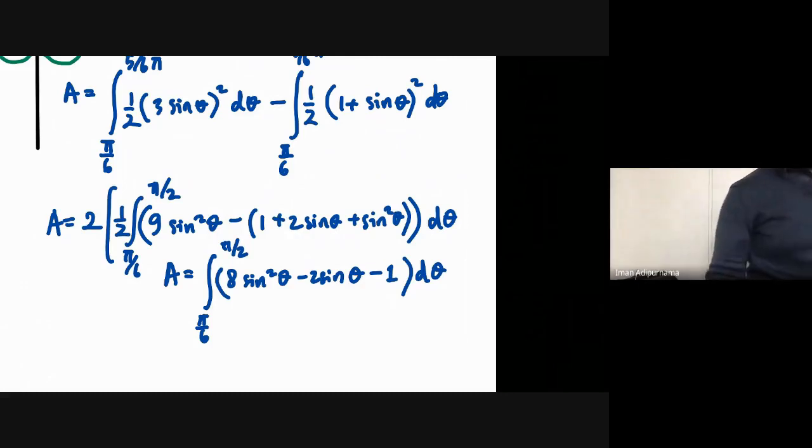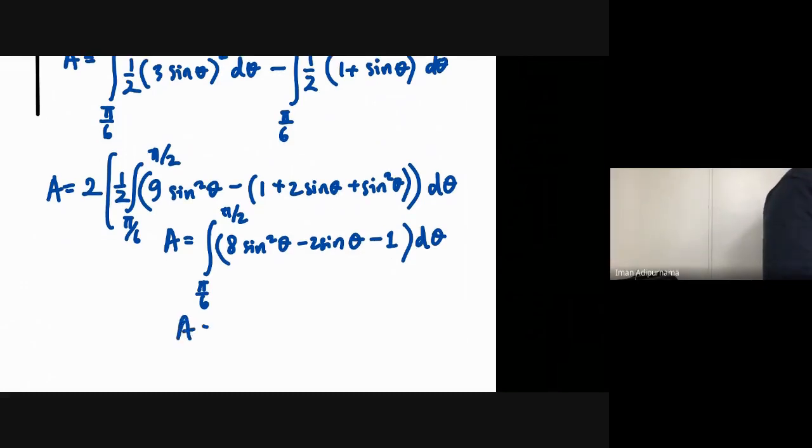And then we can use the double angle formula. So this is sine squared theta. I will write the double angle. Let me just write here since maybe some of you forget how to find it.